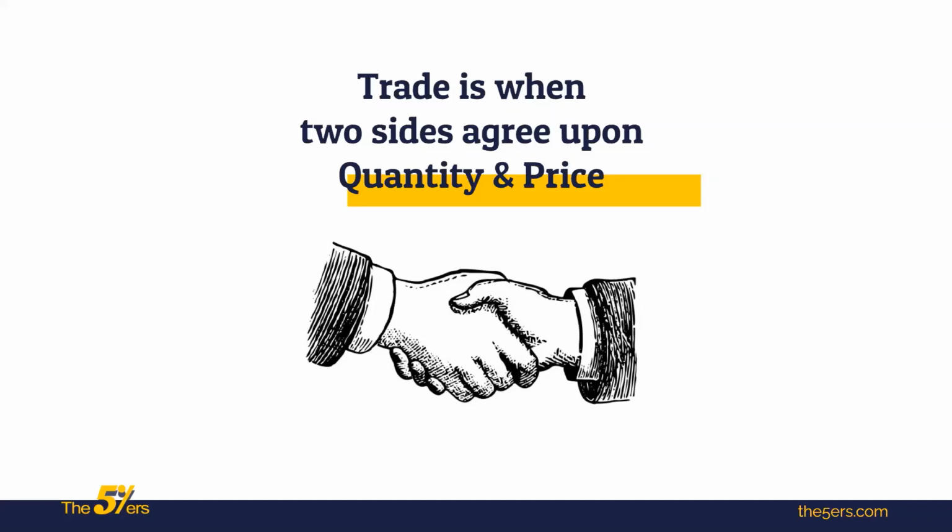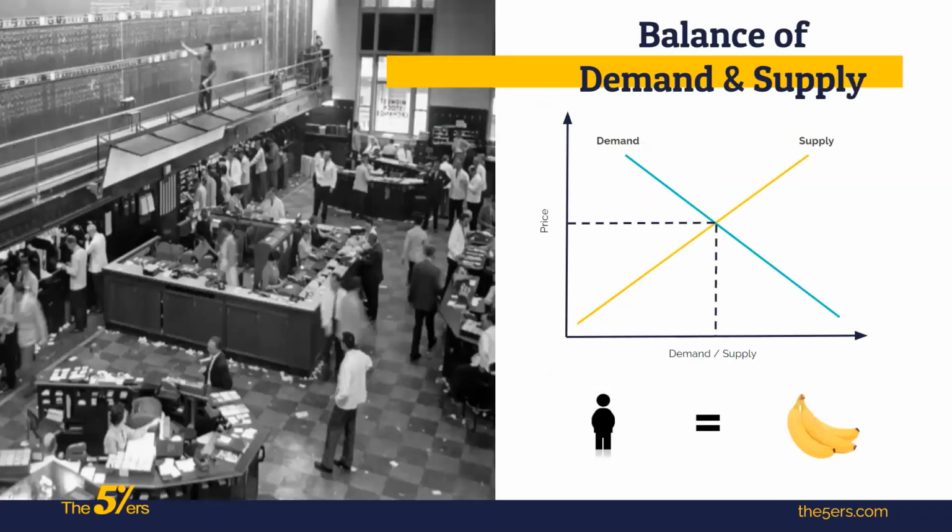One is buying and one is selling, and they agree on quantity and price. So the thing is to look at this balance of buyers and sellers.